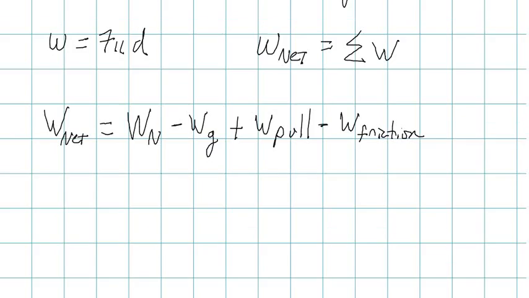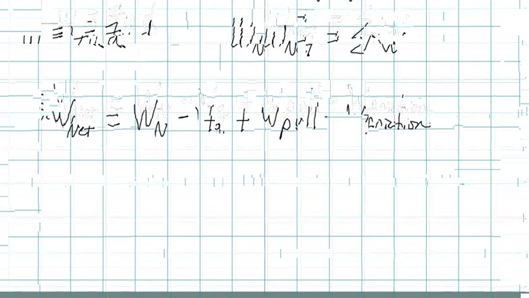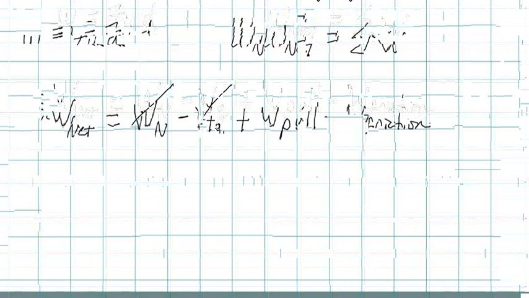So I can go back here, and I know because it's not flying in the air and it's not sinking into the ground, that these two, when summed together, end up being 0. So the only thing I'm actually interested in is work done by the pull in the x direction and work done by friction, which is all in the x direction.